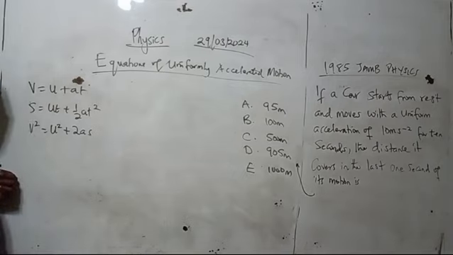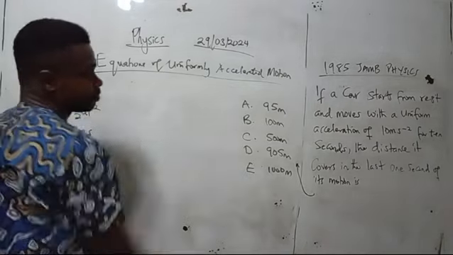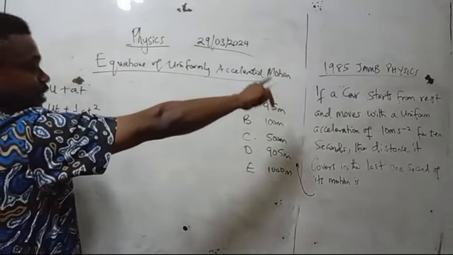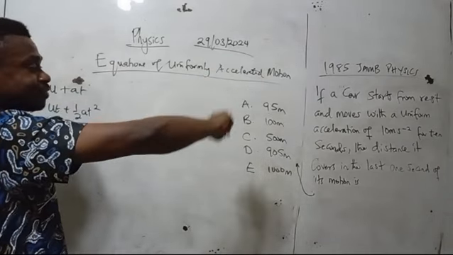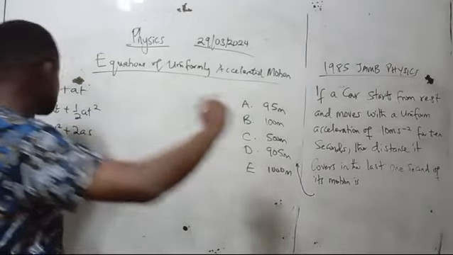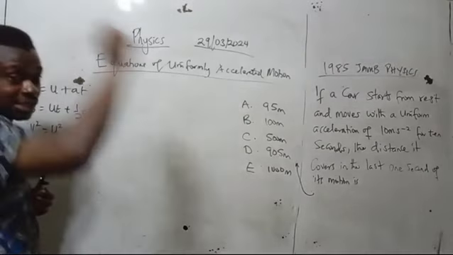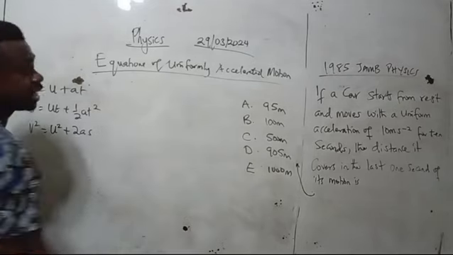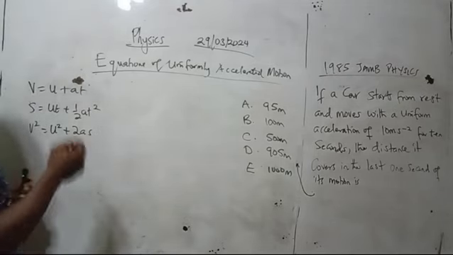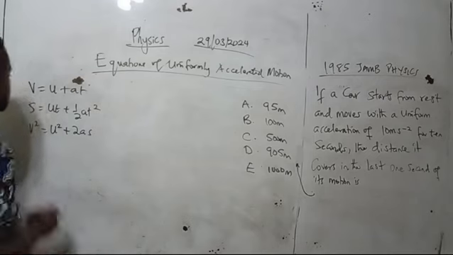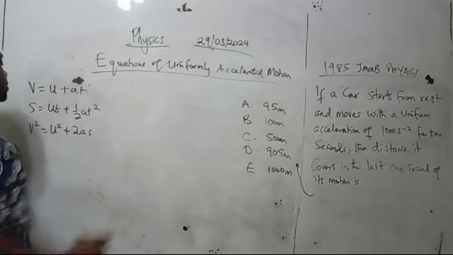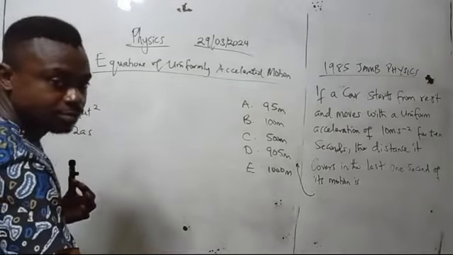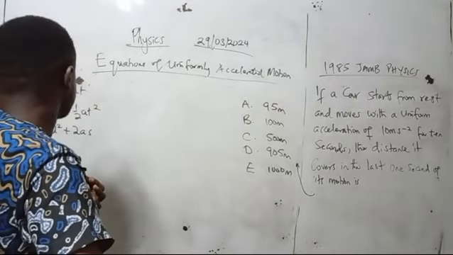The one that has distance. Distance is here. Starting from the beginning of the question, if a car starts from rest, that means the initial velocity is 0. Then it has distance, which is what we are asked to calculate. There's time there. Then there's acceleration.